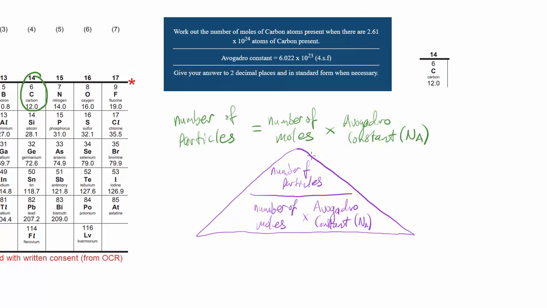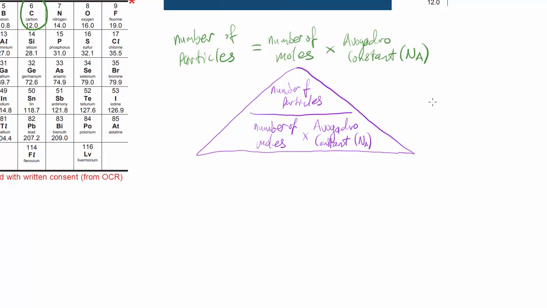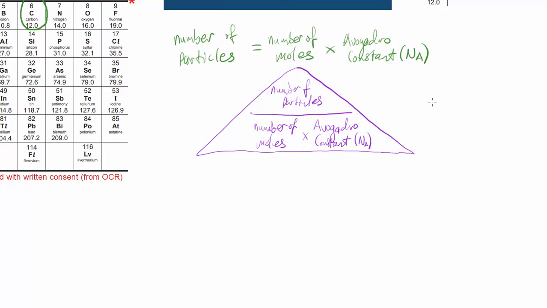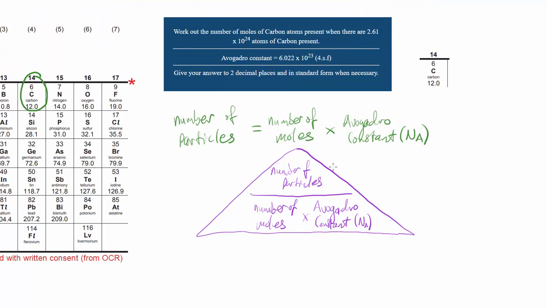Okay, so in this case, if we try and work this out, I would invite you to have a go, use the equation, try and work out what the answer is. But what we need to do here is rearrange the equation first. We're looking for this value.